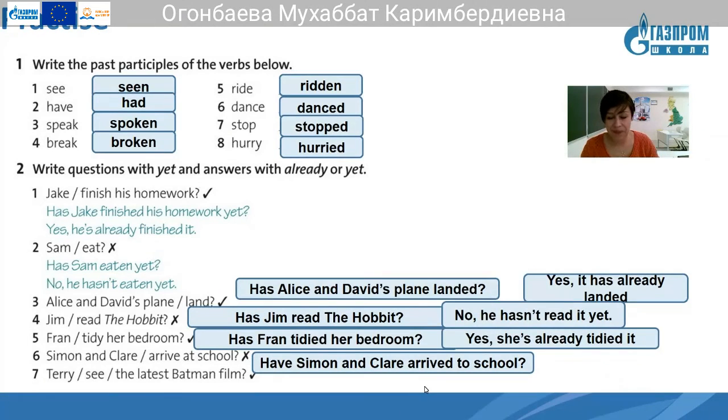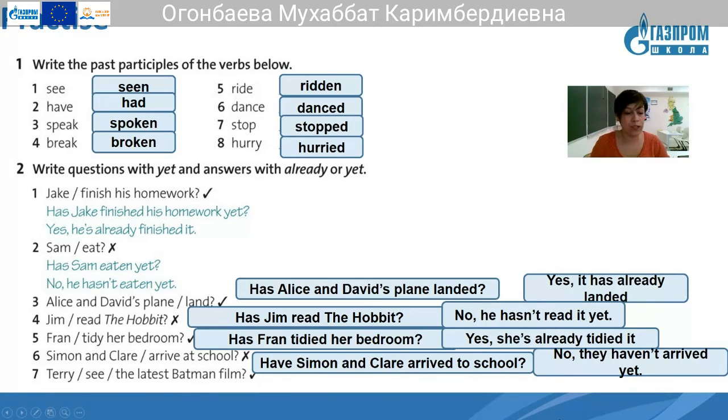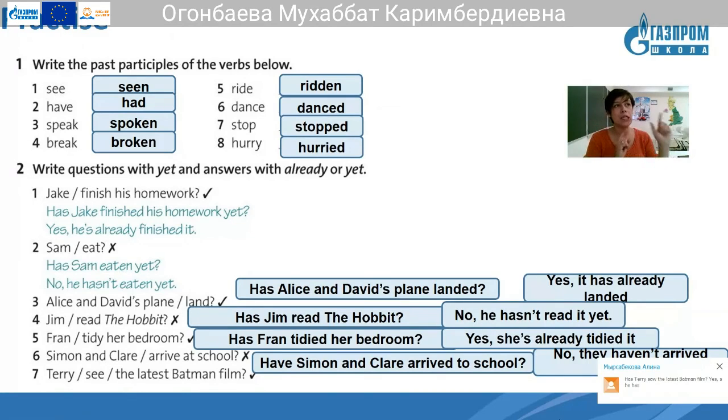No, they haven't arrived at school yet. I'm sorry, I cannot see it because of the chat. Abu Busara said, has Terry saw? See, saw, and the third form of the verb will be seen.